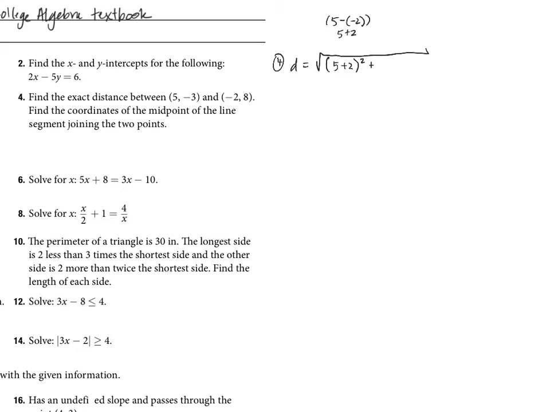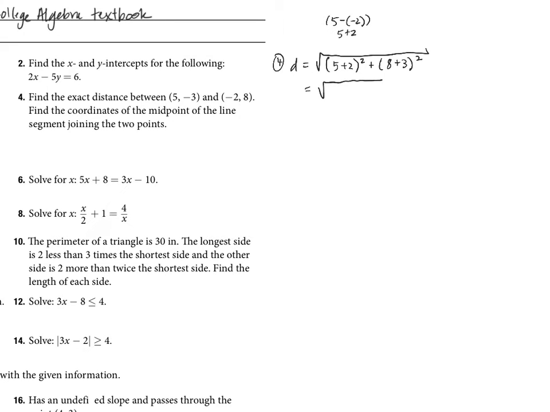Squared plus y2 minus y1, or a y minus a y. It's 8 minus a negative 3 squared. Okay? So now we want to find that.